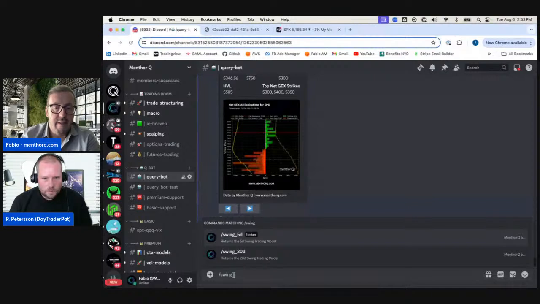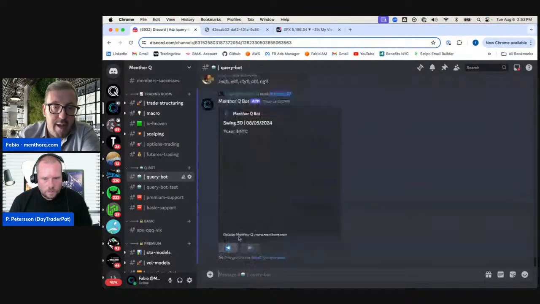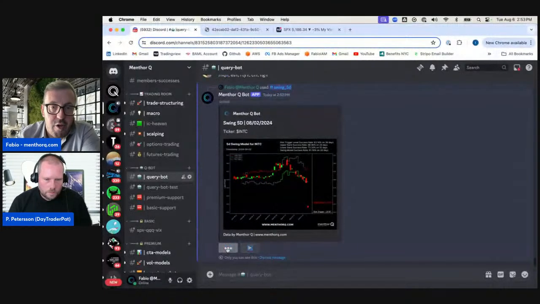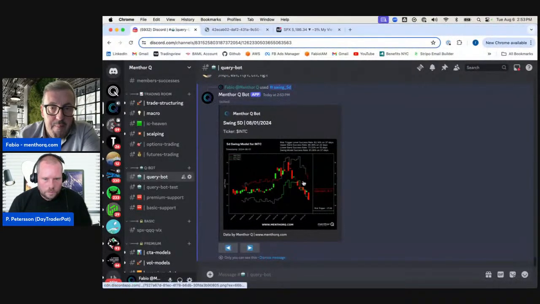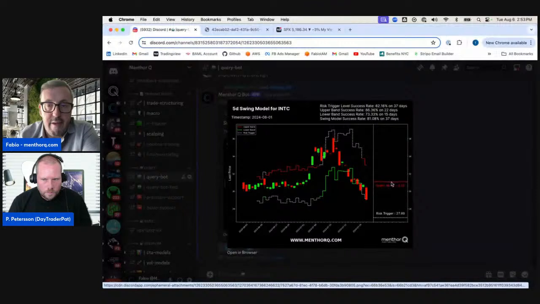So let's look at, for example, one that we did last week. This was Intel a few days ago. I think this one was the day of earnings. Again, the swing model provides you with an upper band or a lower band and a risk trigger.